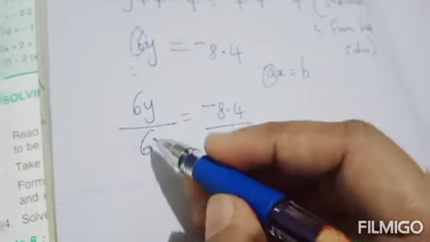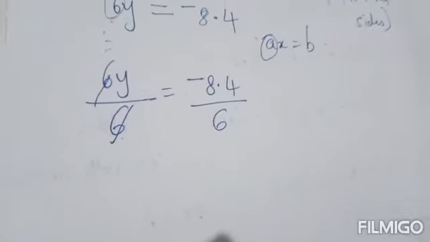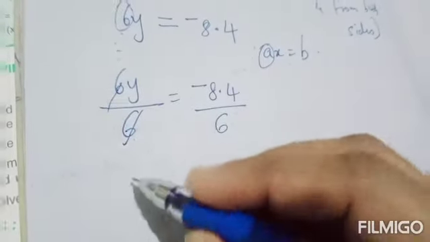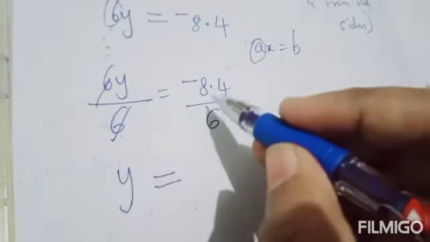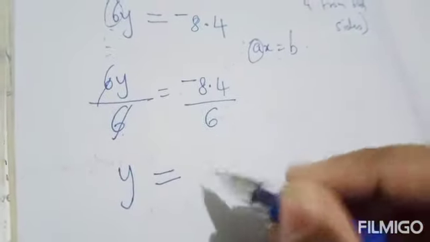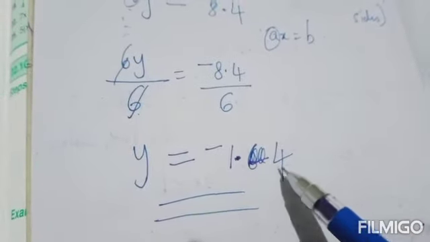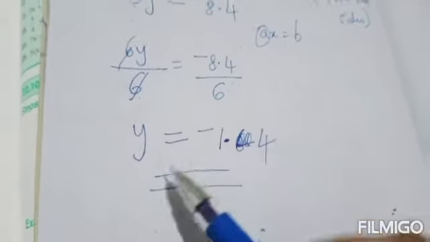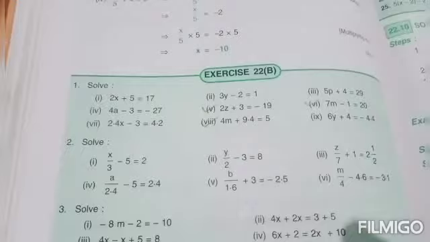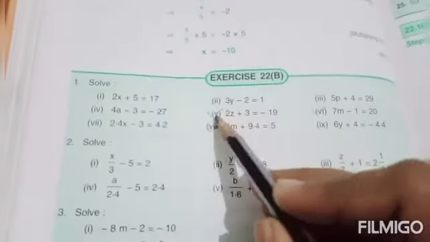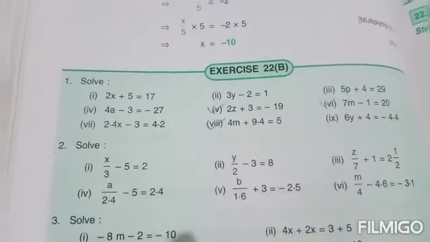Now 6 divided by 6 is 1. So 1y, that is y equal to minus 8.4 divided by 6. You will get minus 1.4. Therefore y equal to minus 1.4 is the answer. Now do the 5th, 6th and 8th as homework.